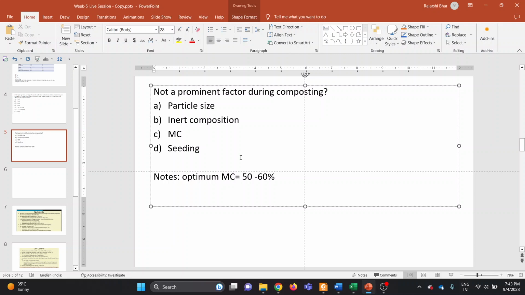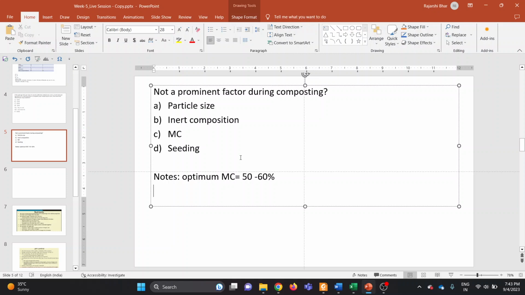And then what will happen if you have very high moisture content? For example, like our soil, let's say you have 1 cubic foot of soil, and in there we already know there are numerous pores. So when we keep on adding water to the soil mass, those pores keep getting filled and replaced by water. Initially those pores contain oxygen or air, basically air from which the microbes can take the oxygen.